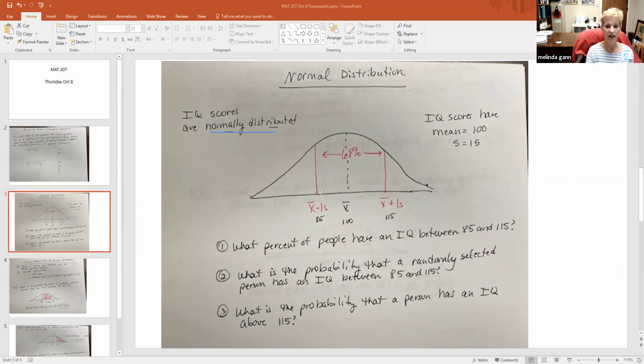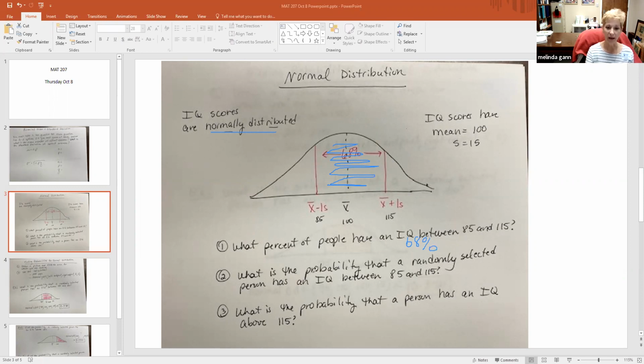If you subtract a standard deviation, you're down to an IQ of 85. And remember, you're supposed to have this percentage memorized. I want to know this area right here. You memorized that between 1 standard deviation below and 1 standard deviation above was 68%. So the answer would be 68% because you did what I told you and memorized it.